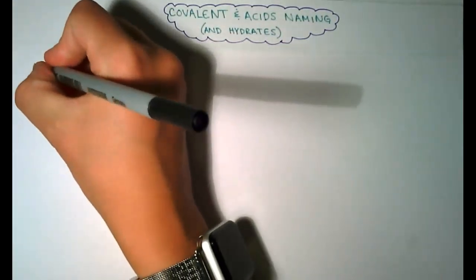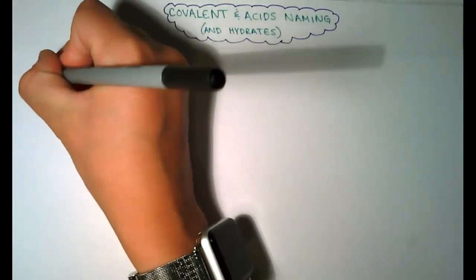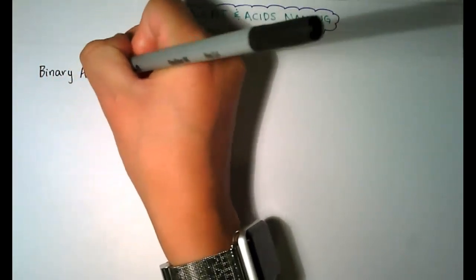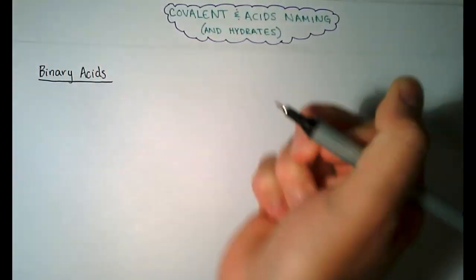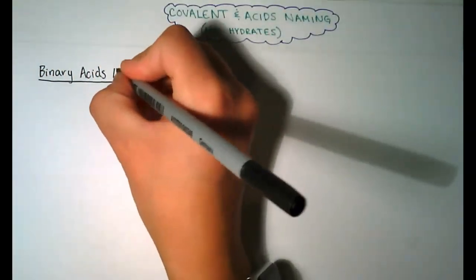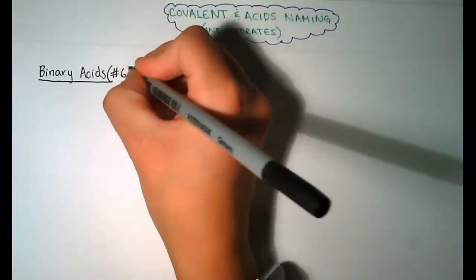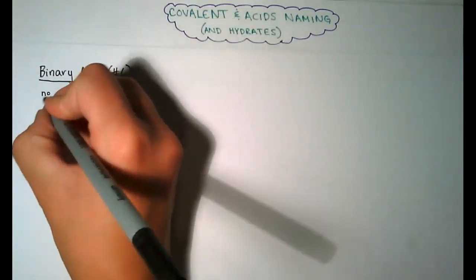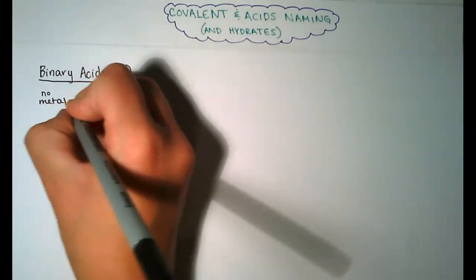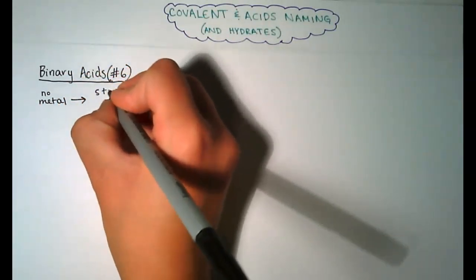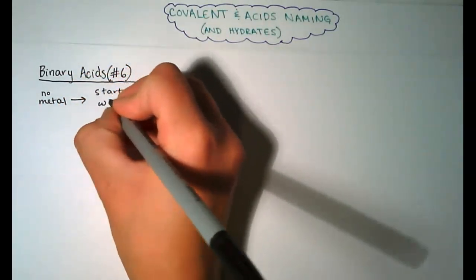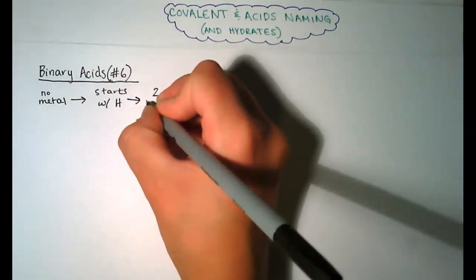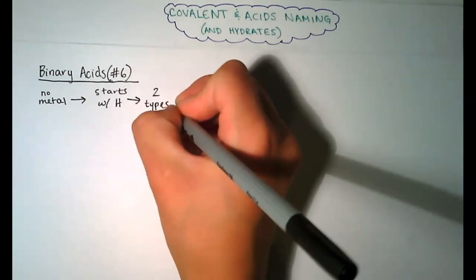First we have binary acids. And the way that we know we have a binary acid, which by the way is naming rule number 6 on your sheet, is if there's no metal, it starts with hydrogen, and it only has 2 types of elements.